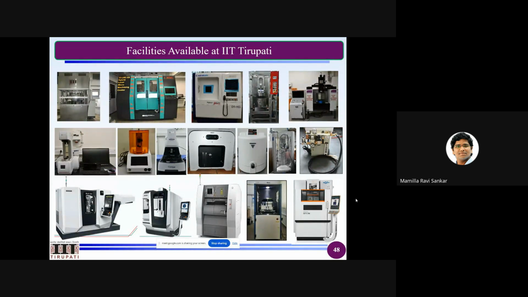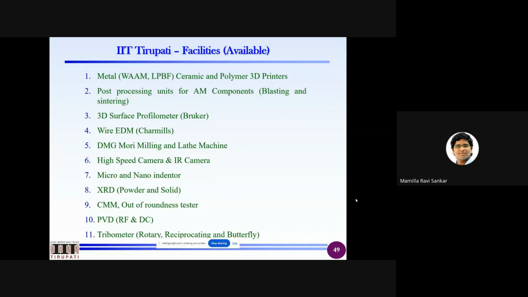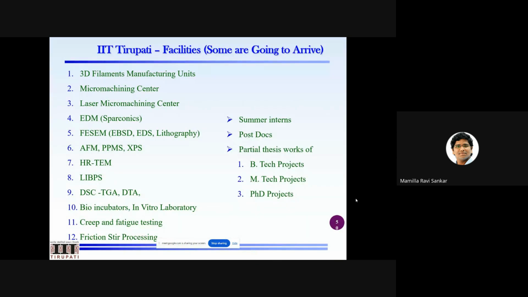So this is about the facilities that we have. We are open to summer interns for approximately 5 months, and we are open to postdocs and those who want to do their BTech or MTech projects for 1 year. We support the MTech students who want to come and work, so that it is good for your institute and our institute.